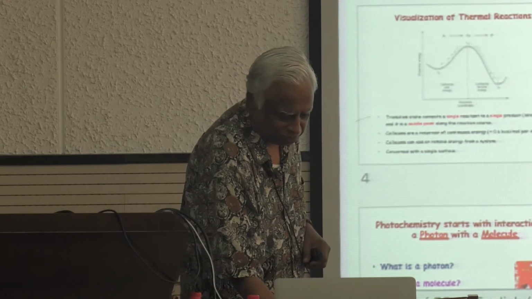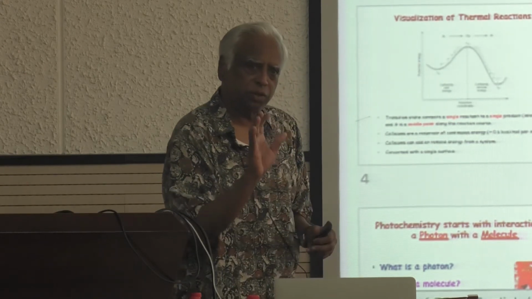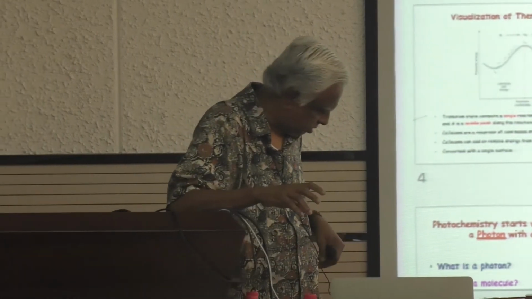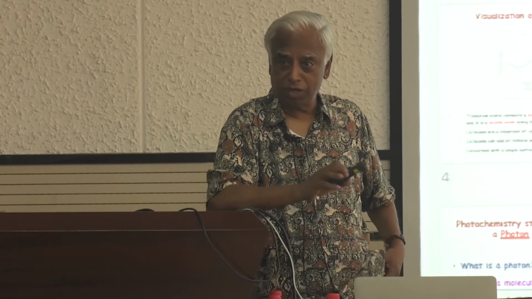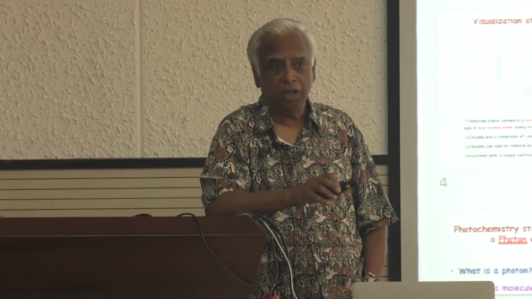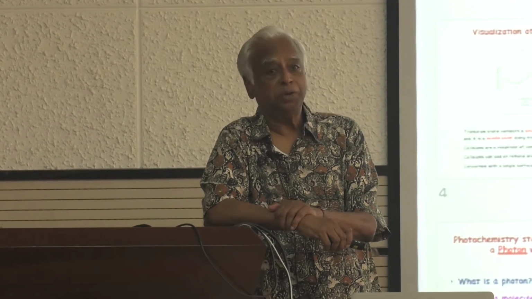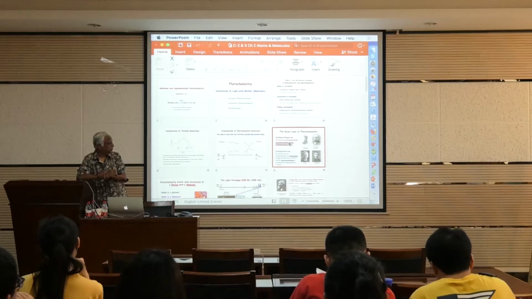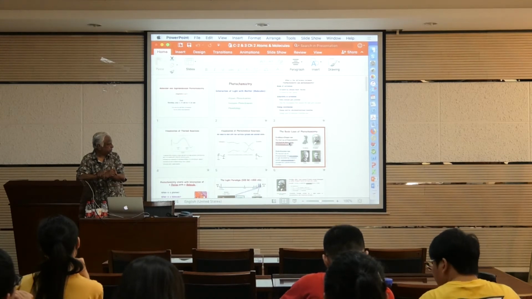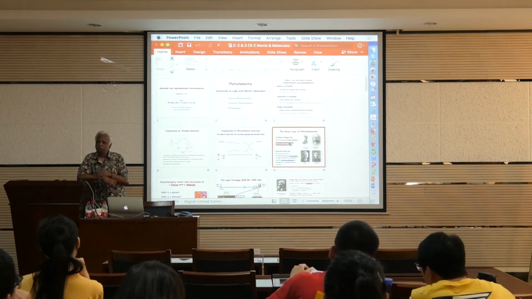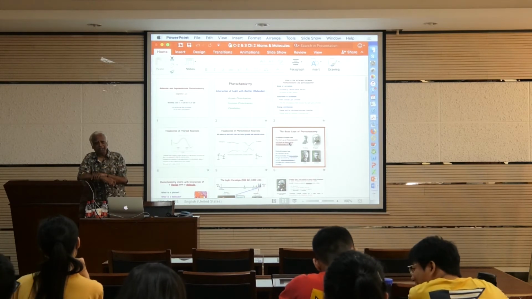Tell me, what are the basic laws of photochemistry I talked about this morning? If you are going to do photochemistry, what should you know? That is these two guys. I said this is called the Grotthuss-Draper first law of photochemistry. Tell me what exactly you got.